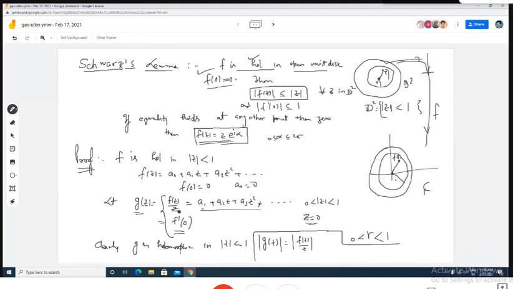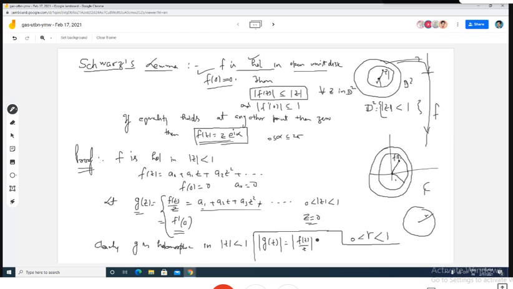And because the modulus of f(z) is less than or equal to 1, and along this circle of radius r, any complex number you take has modulus exactly equal to r, right?